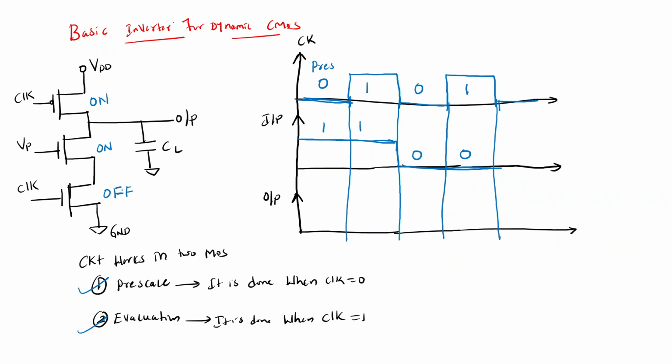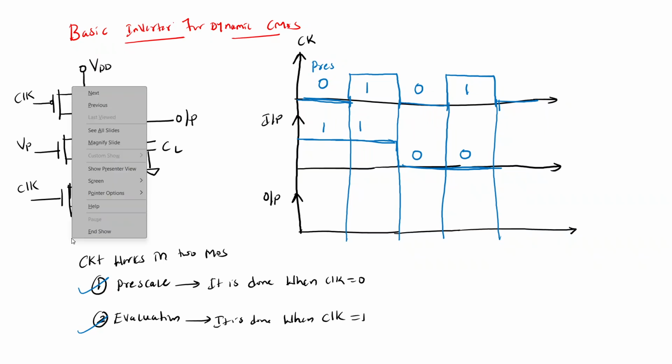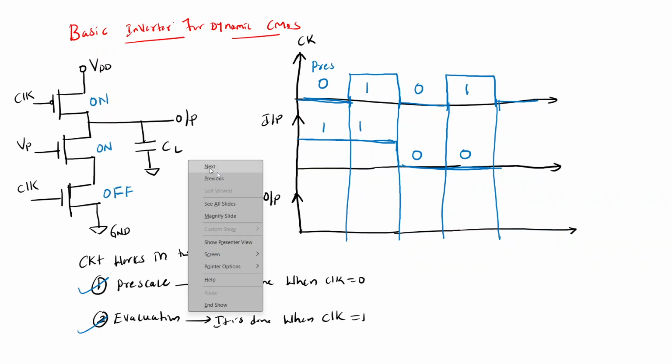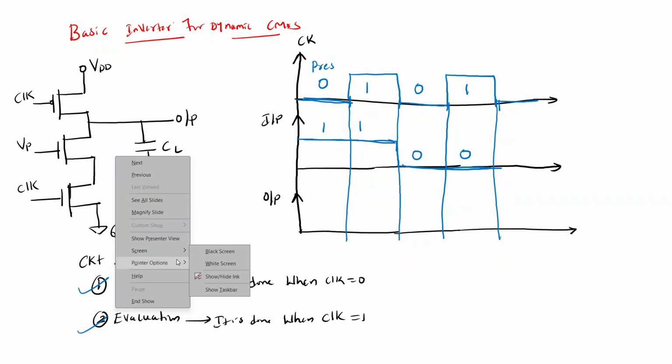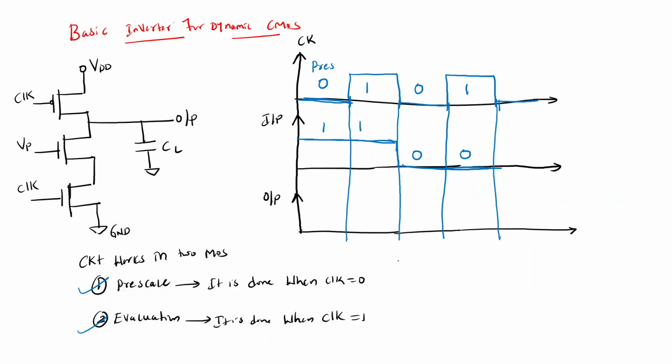For NMOS you are giving input as 1. If you see, you are giving input as 1 and clock as 0.